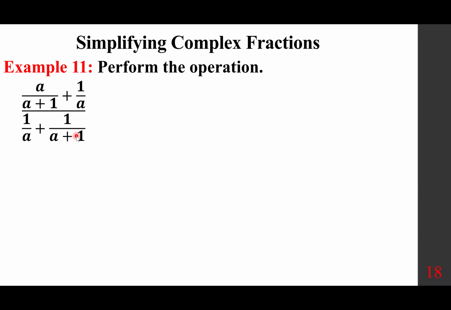The fastest and easiest way is to multiply the top and the bottom by LCD of all those four fractions, 1, 2, 3, 4. As you can see, a times a plus 1 will cover the two fractions at top, the same thing at the bottom. So let's multiply everything by those.